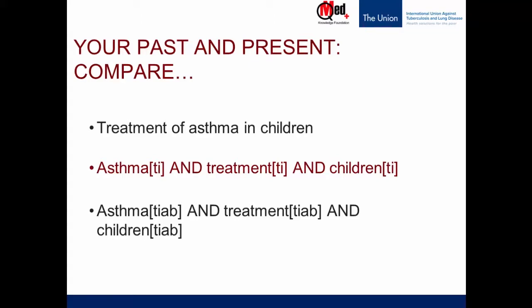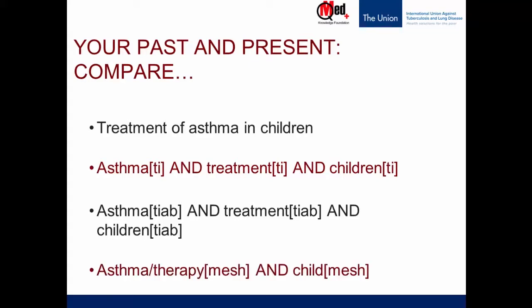But the best search is done with asthma/therapy MeSH, which stands for treatment of asthma, and child MeSH. Both the concepts are tagged with MeSH, so irrespective of these terms coming in the title or abstract or not, we are guaranteed that all results will be about treatment of asthma in children.